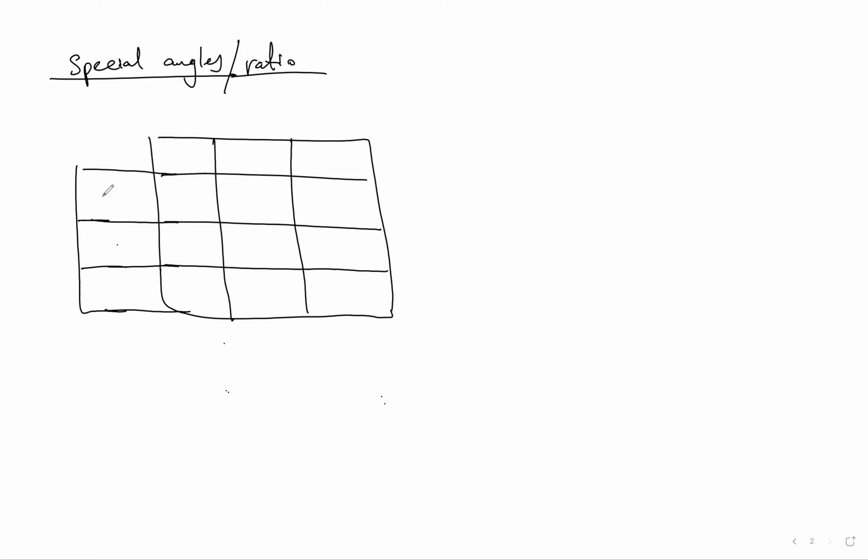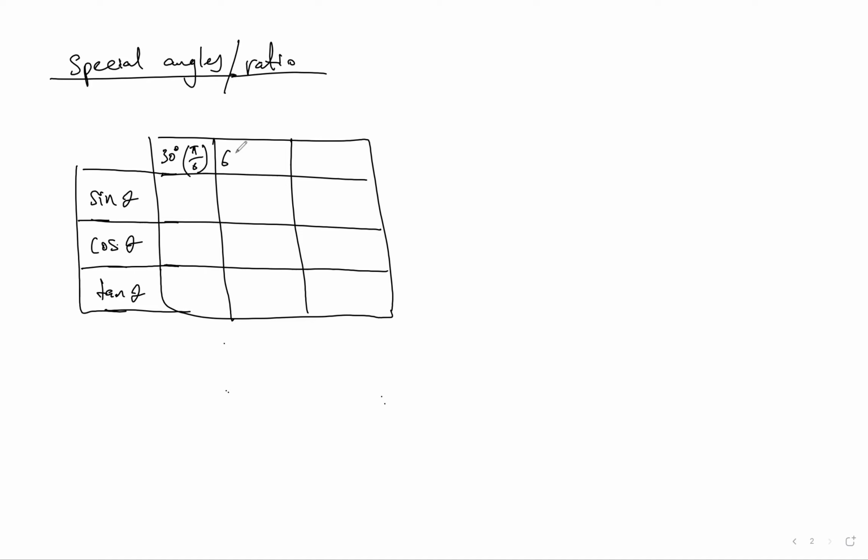Okay, so this is your sine theta, cosine theta, and tangent theta. So you have 30 degrees first, or this is considered as pi over 6.